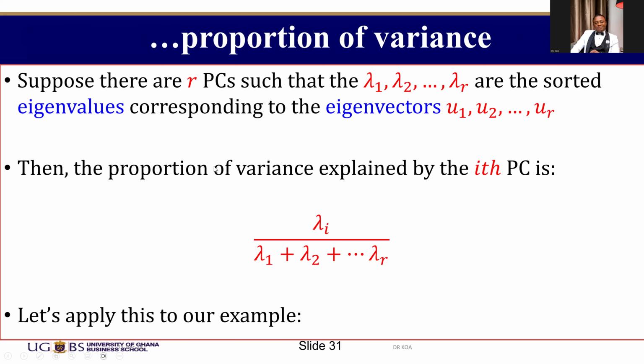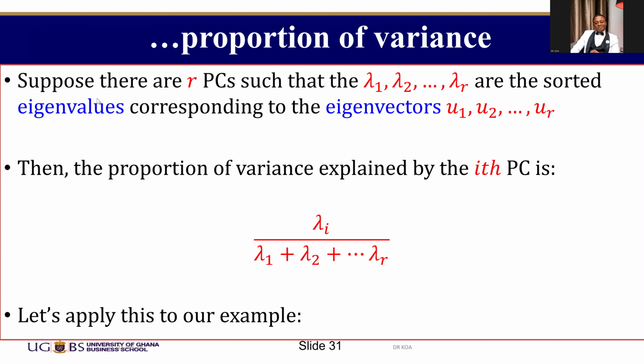Why would you even call a particular combination principal component 1? Well, the reason is that it explains the majority of the variation in the data set. That's why it's principal component 1. But how much is that percentage? What is the proportion of the variance explained by the first principal component?